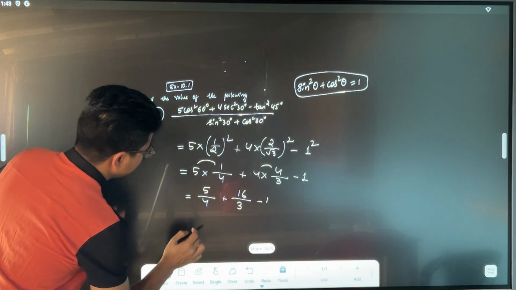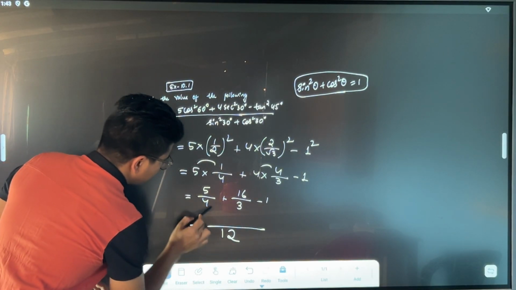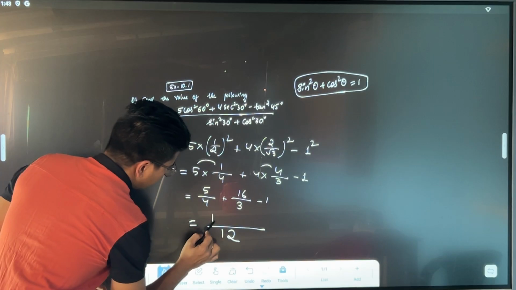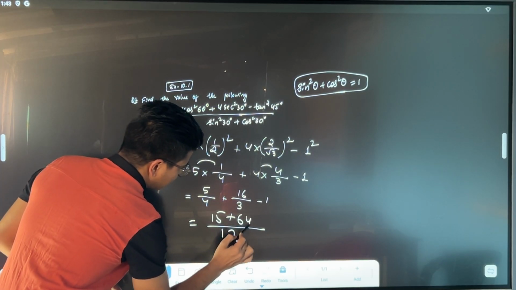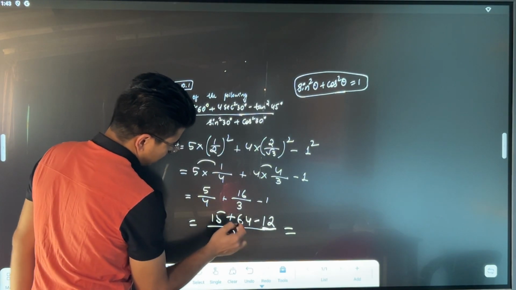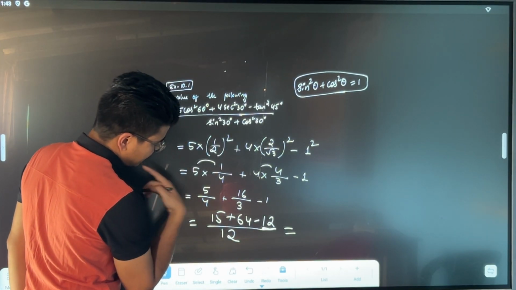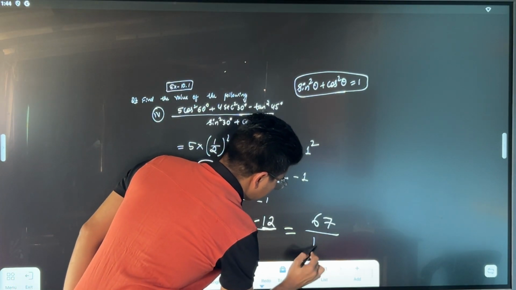What will be the LCM of 4 and 3? It will be 12. Then 4 3s are 12, 3 5s are 15, plus 3 4s are 12, 16 4s are 64, minus 12. So solve this out: 15 minus 12 will be 3, and 64 plus 3 will be 67 divided by 12.